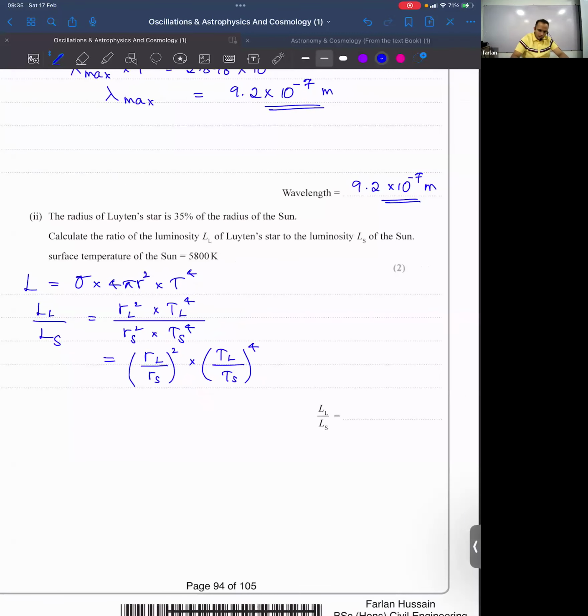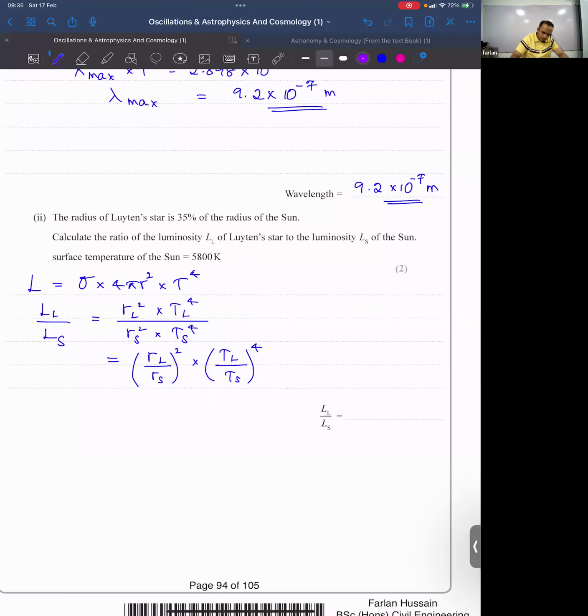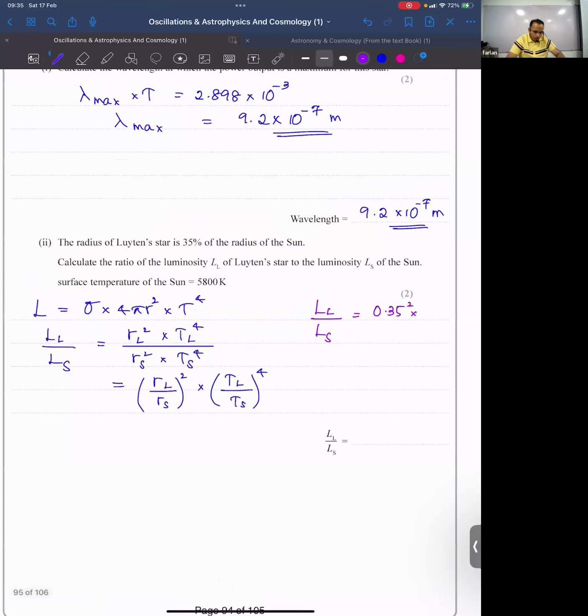Correct? Radius of lightning star is 35% of the radius of the sun, means 0.35. So this is going to be 0.35 square into TL over TS to the power 4.